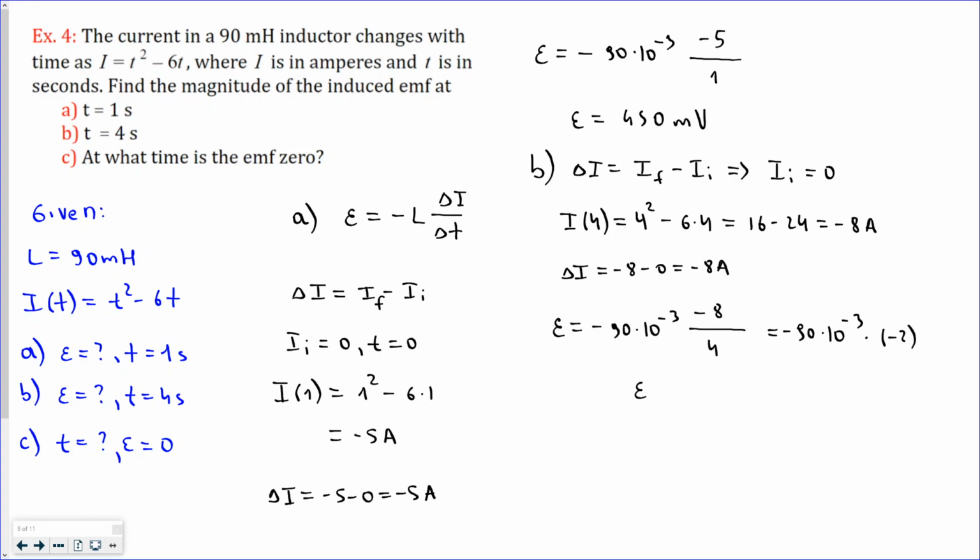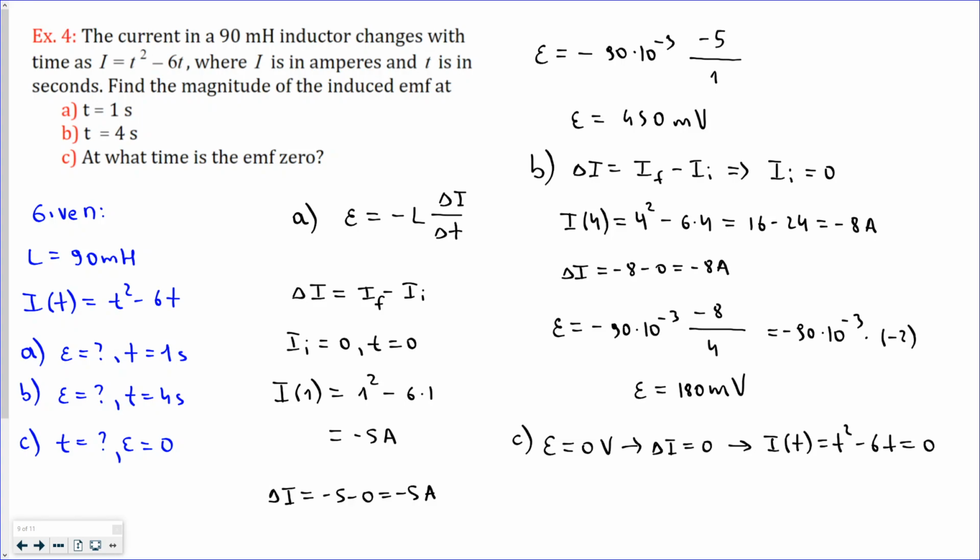So the answer is 180 millivolts. And at C part, the induced EMF is 0 volts when the changing current is 0. So it means that our equation t squared minus 6t must be equal to 0.